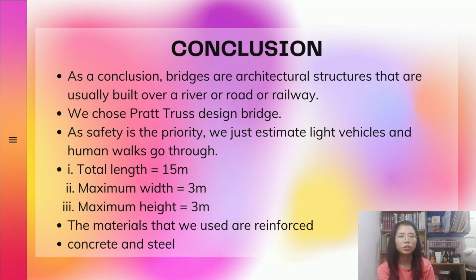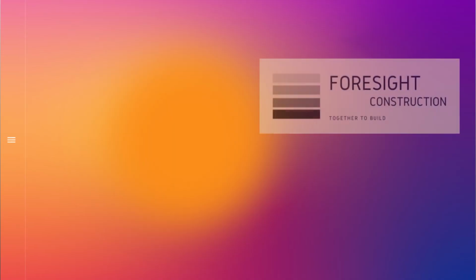And we can conclude that our bridge design has an estimated total length of 15 meters, maximum width of 3 meters, and maximum height of 2.5 meters. And lastly, the materials that we use are reinforced concrete and steel because both of them are easy to find and last longer.